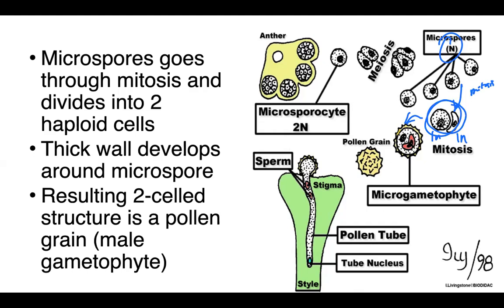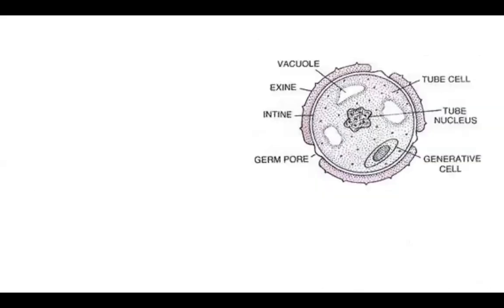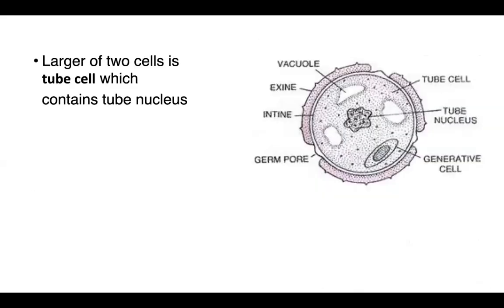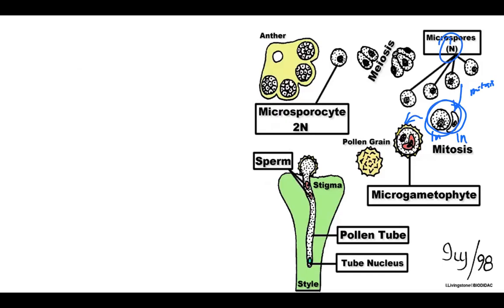The pollen grain is the male gametophyte for angiosperms. So remember how we made 2 cells because we went through mitosis after we have the microspores. We made 2 cells, 1, 2. So the pollen grain contains 2 1N cells.